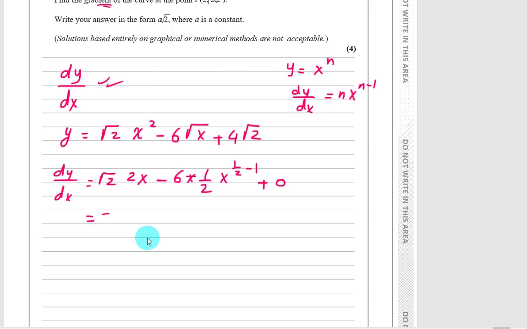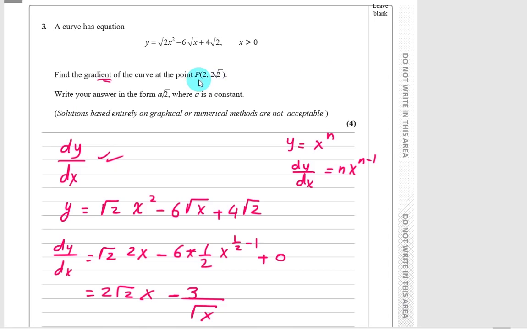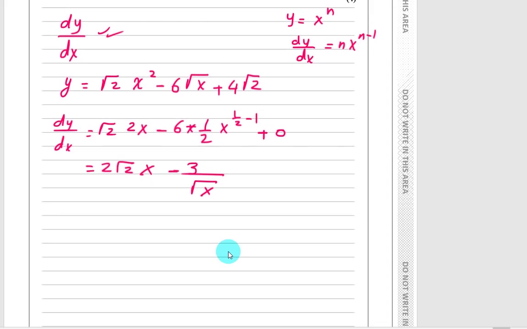So it will be 2 square root of 2 x minus 3 divided by square root of x. Let us find dy by dx at x equal to 2.